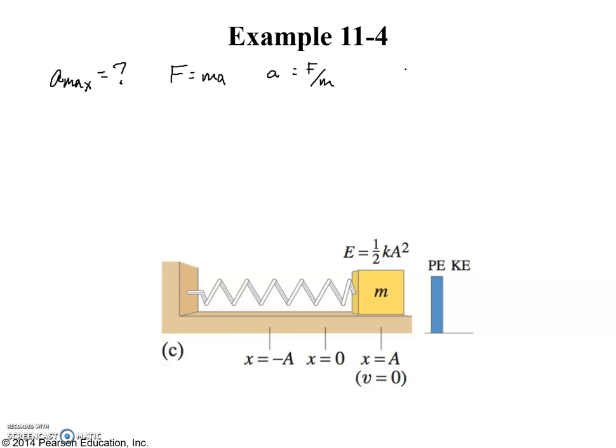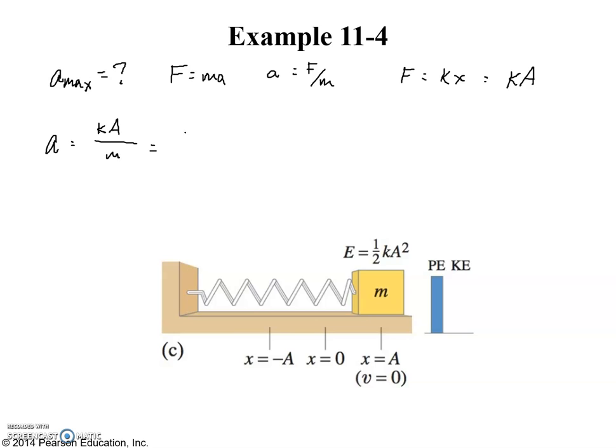And the force in a spring is equal to kx. So the maximum x is the amplitude A, so the maximum force would be equal to the spring constant times the amplitude. Okay, so acceleration is going to equal kA, that's our maximum force, divided by the mass.